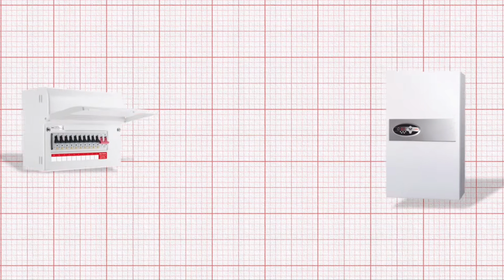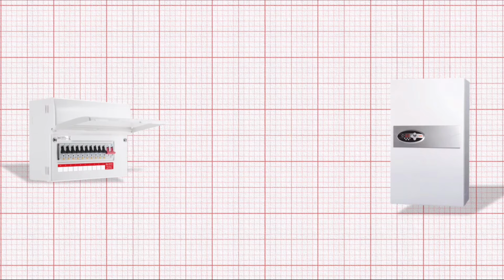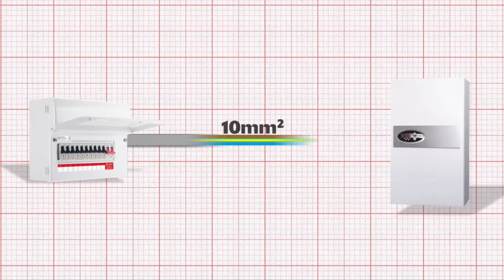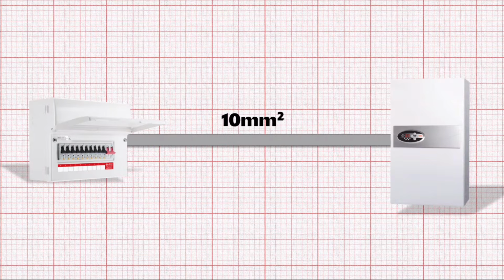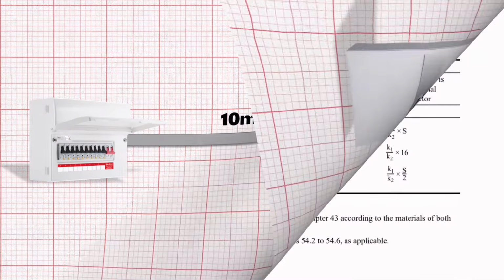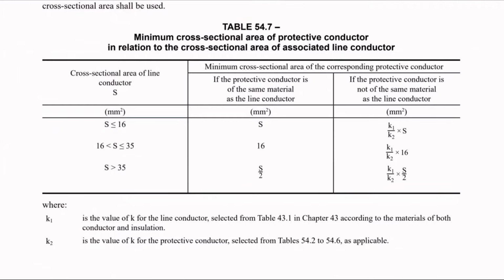So let's apply this principle to our electric boiler circuit and make sure that it complies. If you cast your mind back to previous videos in this series, you'll remember that the cable we're using is a 10mm squared PVC insulated twin and CPC. Referring to table 54.7, you'll see that because the line conductor is less than 16mm in size, it fits into the top row, which means that our CPC should be the same size as the line conductor and therefore should be 10mm squared.